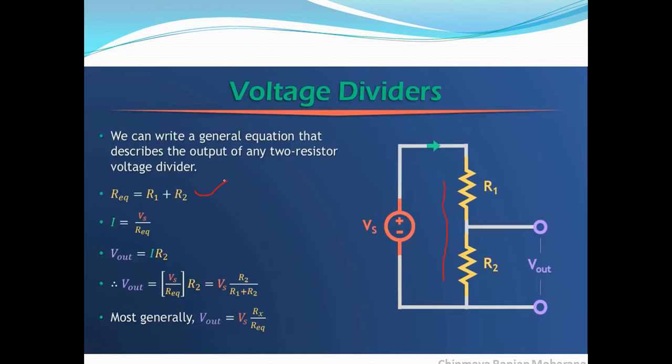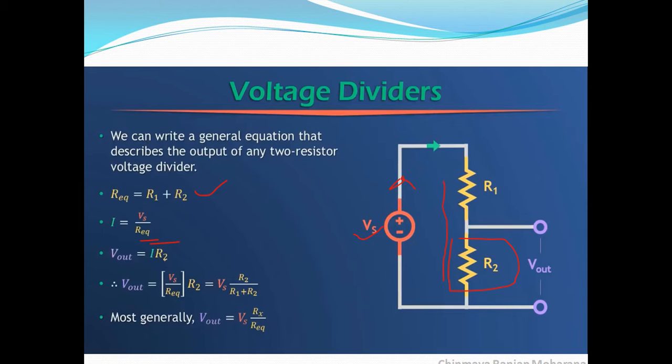Then find out the current, that is the total current. Clear? The total current is Vs by R equivalent. Clear? Next one is V out. V out means across this R2 resistor. Okay, that V out equals what?